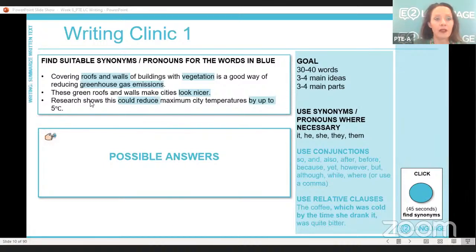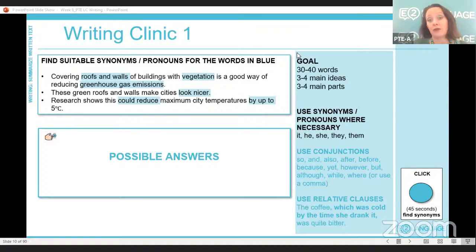That's a different meaning. So research shows this could drop maximum city temperatures by up to, by, what could we use? A different expression. By, any ideas? The one I'm thinking of is as much as 5 degrees.